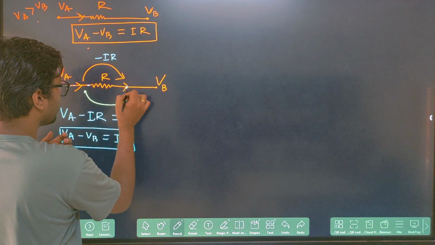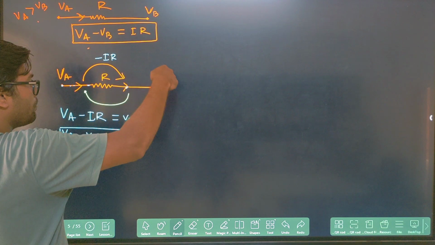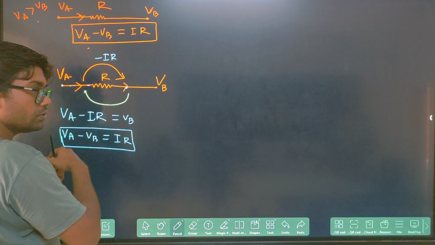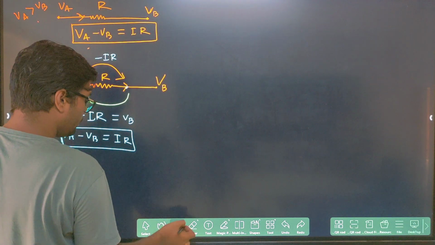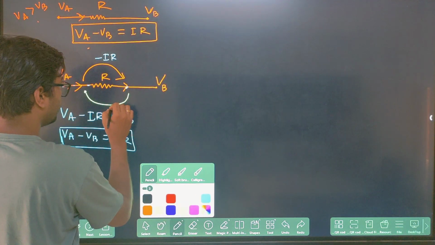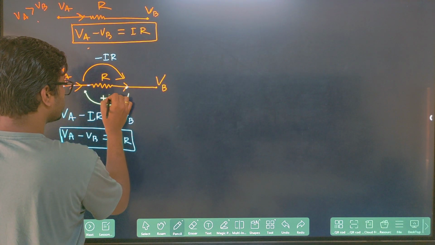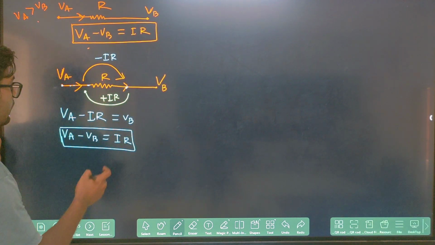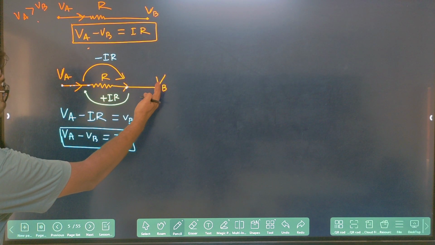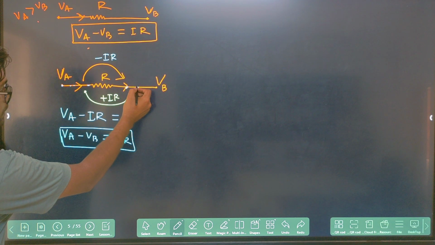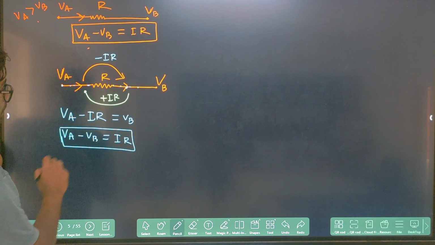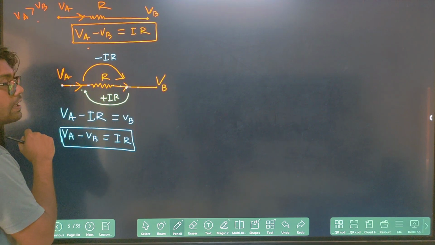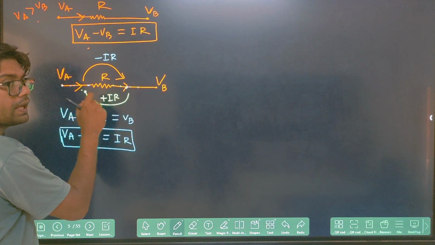But if I am moving opposite to the direction of the current through the resistance, then there will be a potential increase, plus IR. So how will I write it? You come here, this potential is VB, here potential VB, here also potential VB. As soon as you cross the resistor, there will be an increase in potential: VB plus IR.